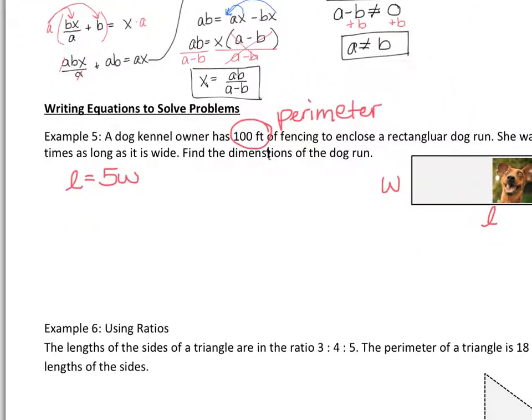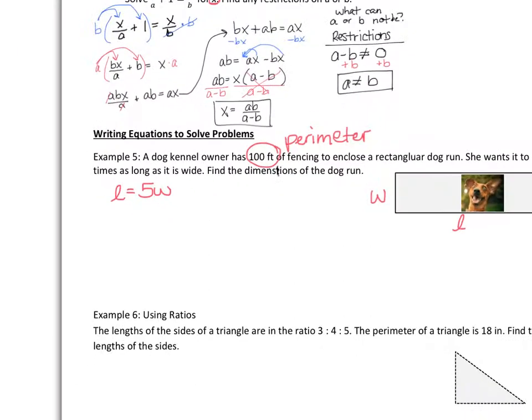Yeah, my bad. Sorry. So how can we use the information we have to figure out what length is and what width is? Those are the dimensions. We know length is 5 times W, and we know we have 100. Perimeter is all the way around, right?